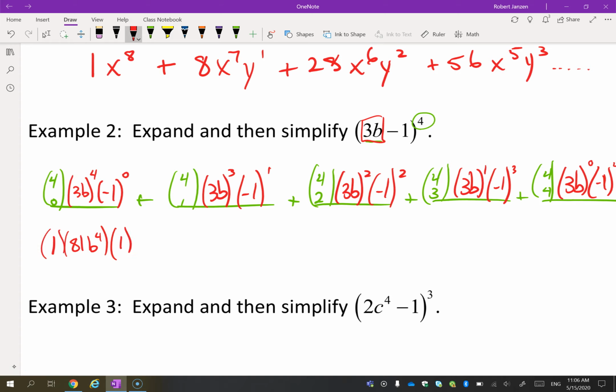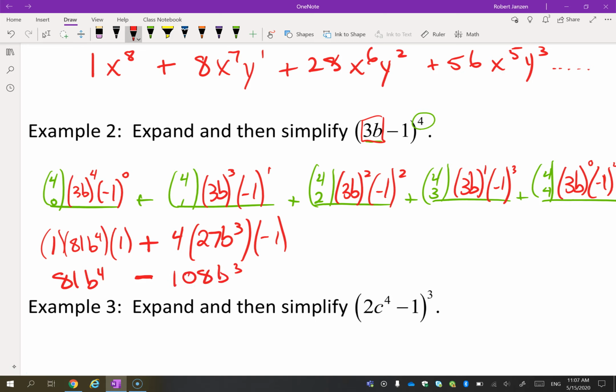So what you have here is 1 times 81b fourth times 1, which is 81b to the fourth. Okay, let's try the next one. 4 choose 1 is 4. 3b cubed is 27b cubed. And negative 1 to the power 1 is negative 1. So now when I multiply this, I'm going to end up with a negative term. Okay, and this is 108b cubed.